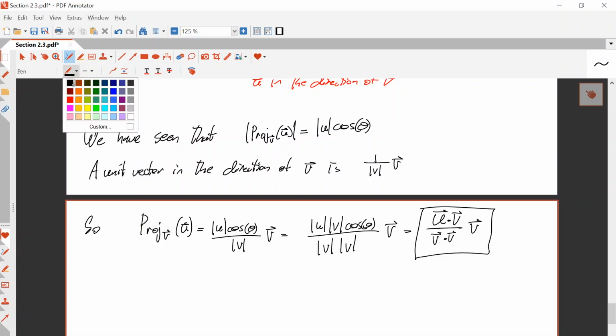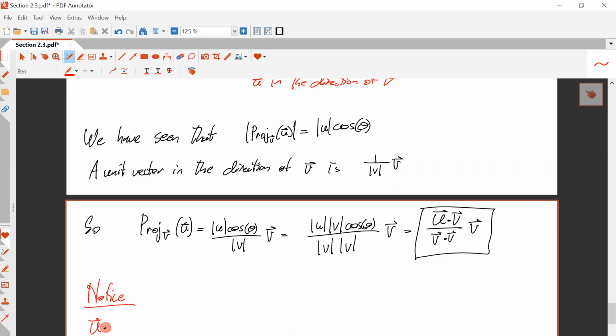So we use the fact that u dot u is equal to the length of u squared. Right? So we use that fact there. Here we have the length of v.